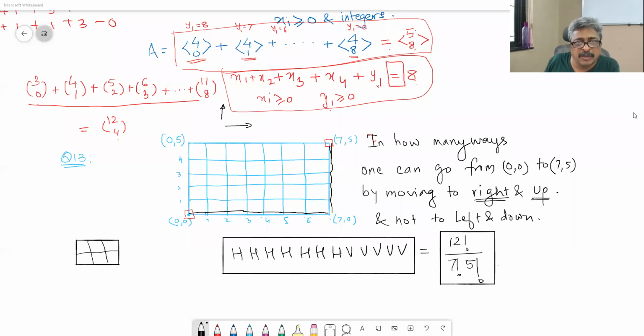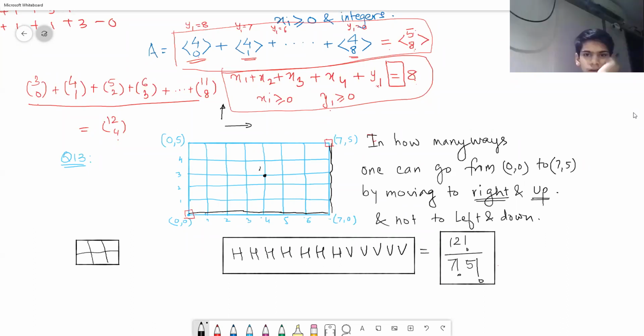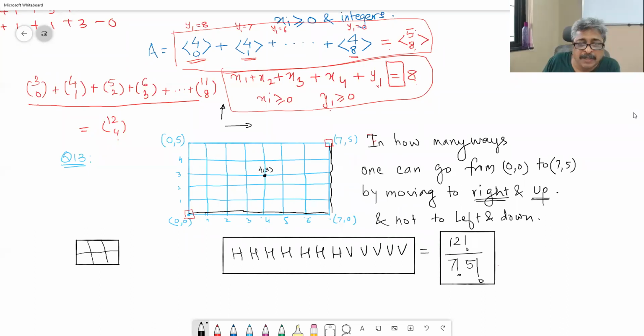Okay. So the next problem in this setup is, what is this position? 4,3. There is a crossing at 4,3, and at that crossing there is a bomb blast or a fire.